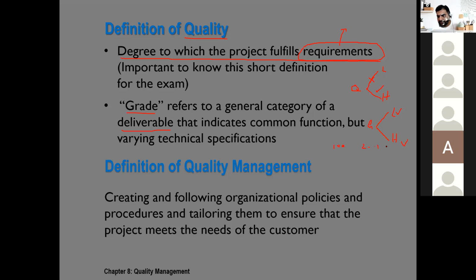The same 3-bedroom house, 100 square meters, could be built with the help of 250K. What would be the difference? The difference would be the grade of the house. Functionality is still the same. It's 3-bedroom, 100 square meters, but the material that is used could be comparatively of low or medium grade.